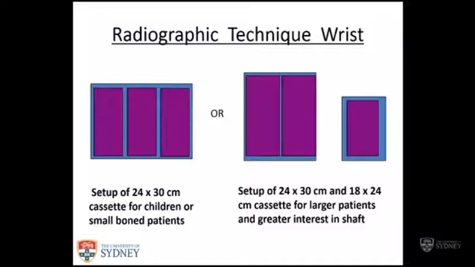Do you know what I'm saying? Try and keep anatomy as similar as possible on the one cassette because only one algorithm evens things out. In this case, because you've got three, you find that it works quite well. But with two, it's more problematical. So PA and oblique and then lateral.